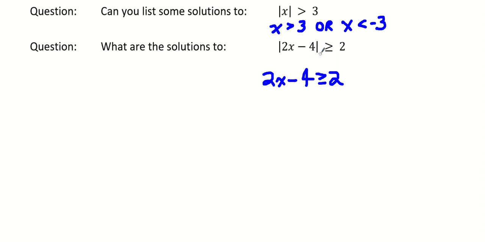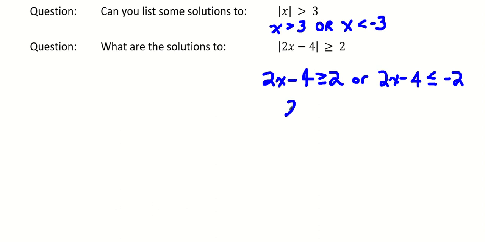We're dropping the absolute value, but the first case is just as is. And with a greater than, the word that technically fits in between is "or". And again, just like before, the other case is going to be the 2x minus 4, but now not only is it going to be a negative 2, but that is going to be flipped.